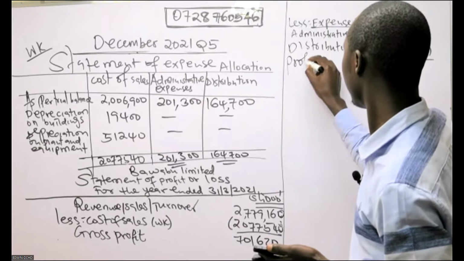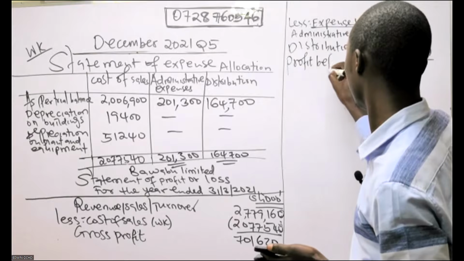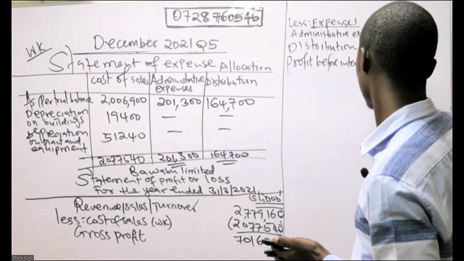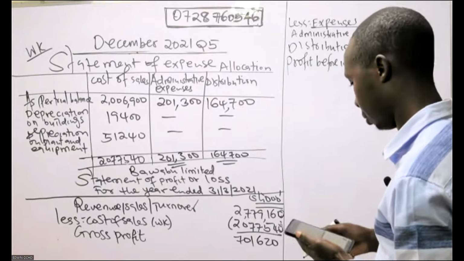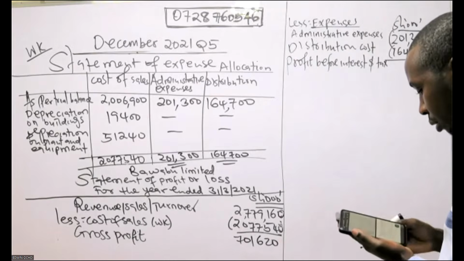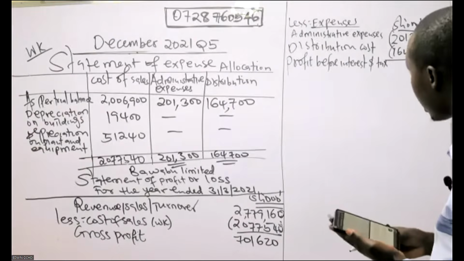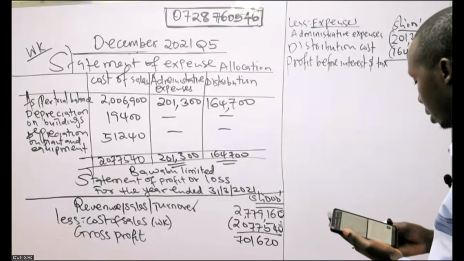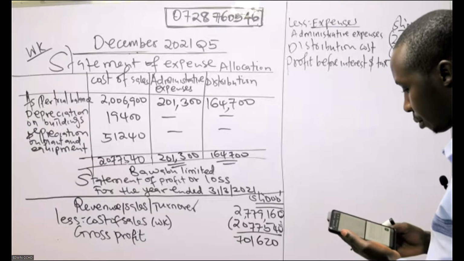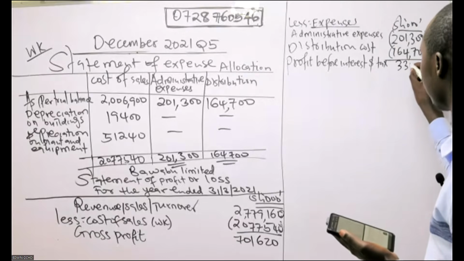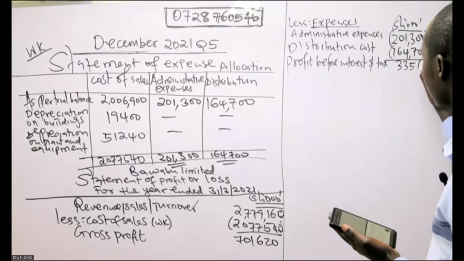Yeah, we get profit before interest and tax. So 701,620 minus 201,300 minus 164,700. This is 335,620.